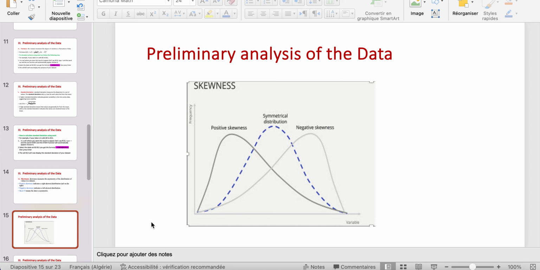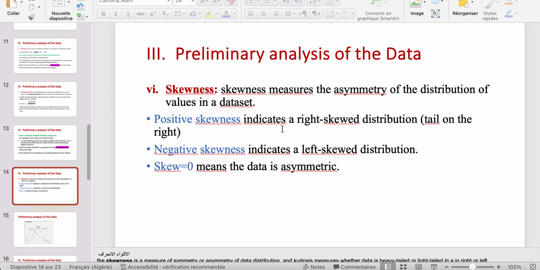Okay, so here in the blue color we have the symmetrical distribution. The number of values before the mean and after the mean are the same. Here we have a positive skewness, where the tail is on the right side.